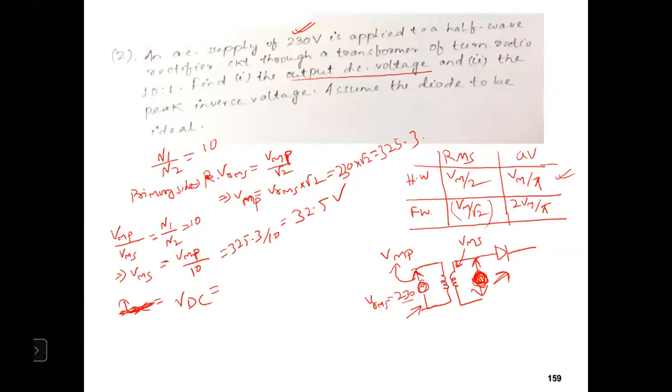Getting it? So here I'll find out VDC equal to Vm by pi. Vm secondary by pi. So it will be equal to 32 by pi, so it is equal to 10.36 volt. Clear?